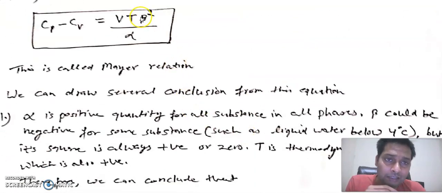But here we have beta square. Whether beta is positive or negative, its square will always be positive. Alpha is positive, beta square is positive, and temperature and volume are also positive quantities. It means this whole quantity will always be positive.